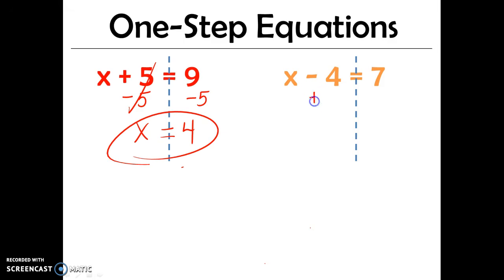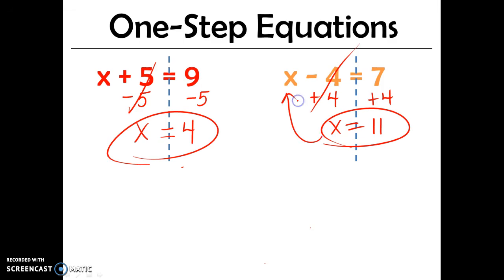So I am going to add 4 to both sides. Negative 4 plus 4 is 0, and that's the whole point. We want to eliminate it. So the 4's go away, and I'm left with x equals 7 plus 4 is 11. Now you can go ahead and check your work if you're a little worried about your answer. You can plug 11 back into x and see if 11 minus 4 really does equal 7, and it does.